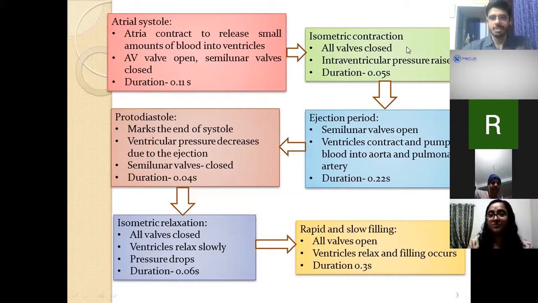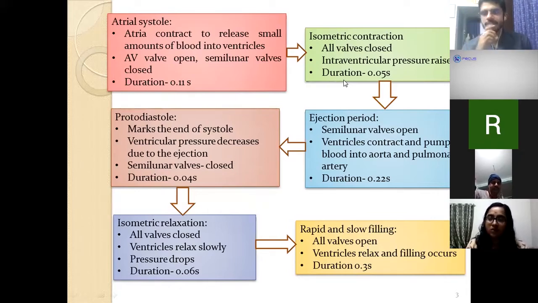Okay, once more. Isometric contraction means it's a condition where the length of the muscle fiber remains the same, but the tension within the muscle increases.